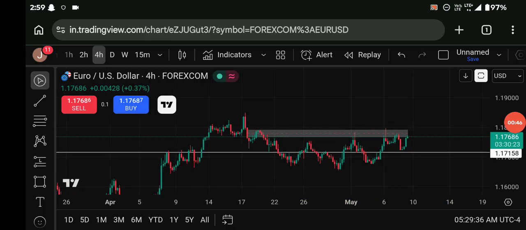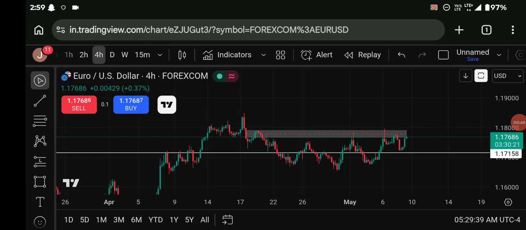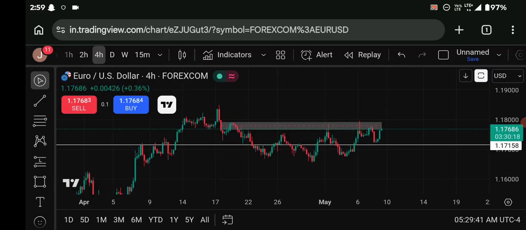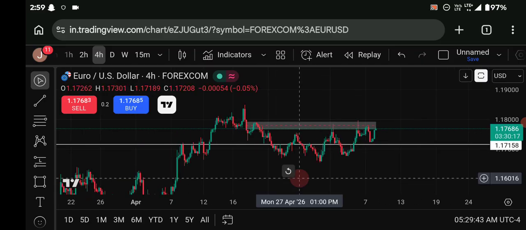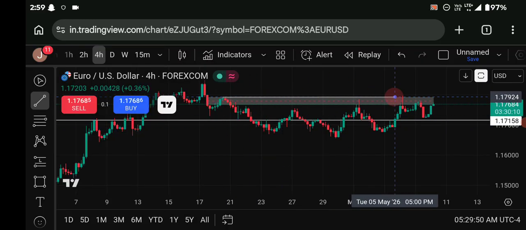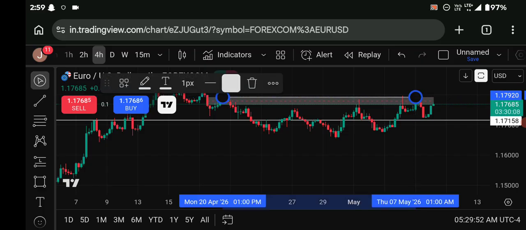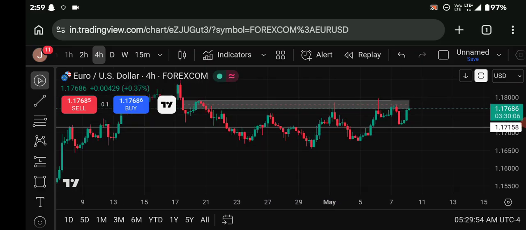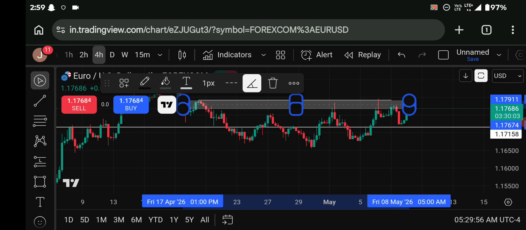Here you can see that we have tapped into a bearish fair value gap. Also we have swept this minor buy side liquidity, and we have entered into a 4-hour bearish fair value gap.